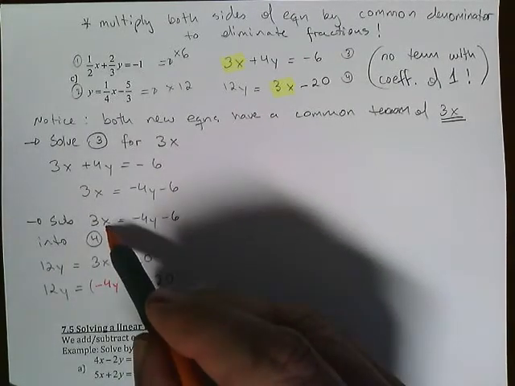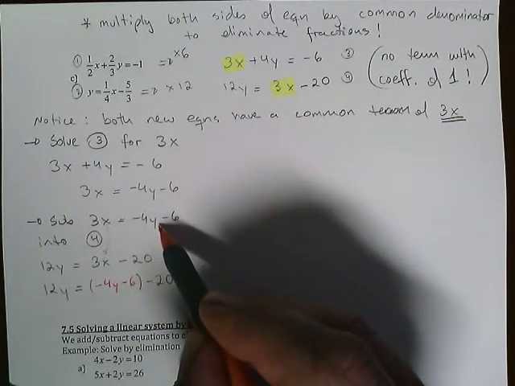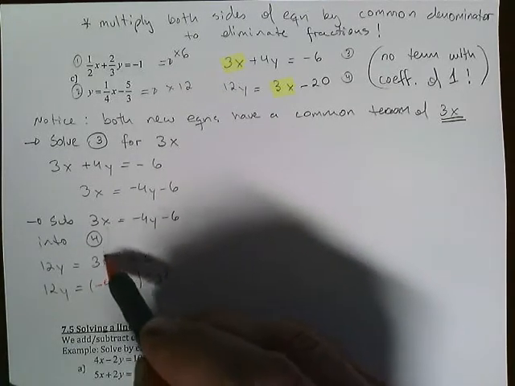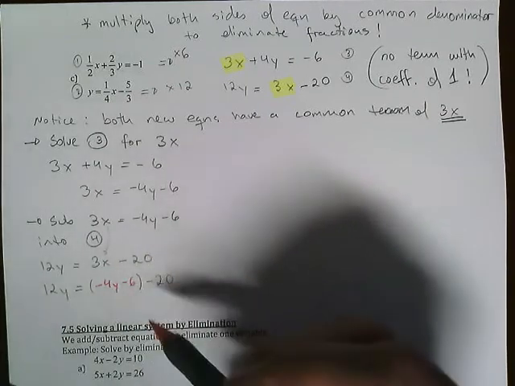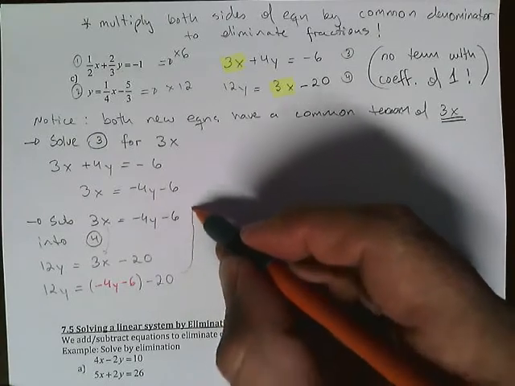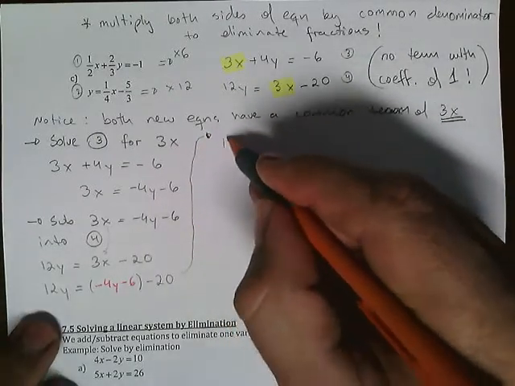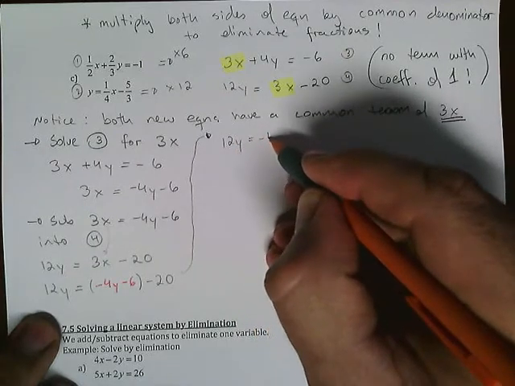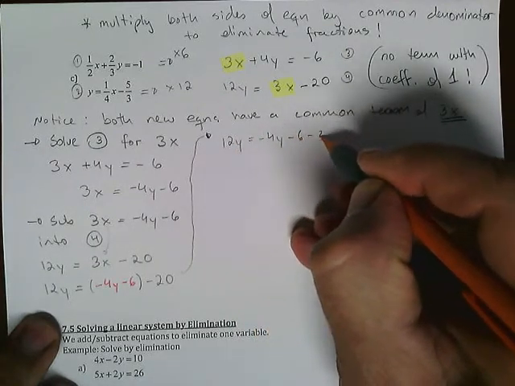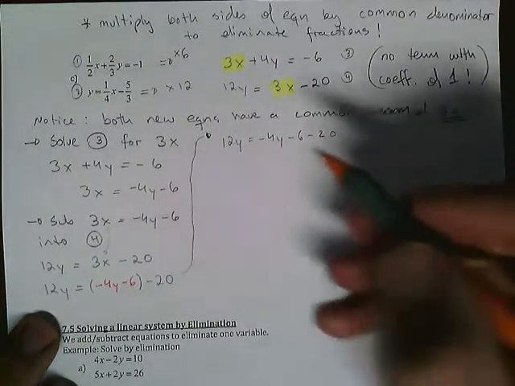So notice that we've substituted this in, because if 3x is this, then we can just get rid of it and plug whatever 3x is equal to into this. Okay, so I'm going to bring this over here. So 12y is equal to negative 4y minus 6 minus 20. I'm going to bring the y's over because I'm going to isolate for y here.